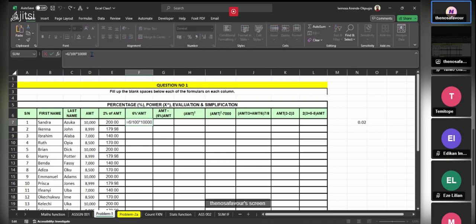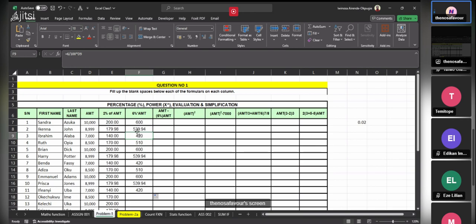But what if we remove this 10,000? Here is my F2. We remove this 10,000 and tell me, what cell is this, Temitope? That's D7. Good. So if I say D7 and hit enter, we still get the same value. But if I drag down, this one is D8, and this one is D9, because you're not using the content but the cell.